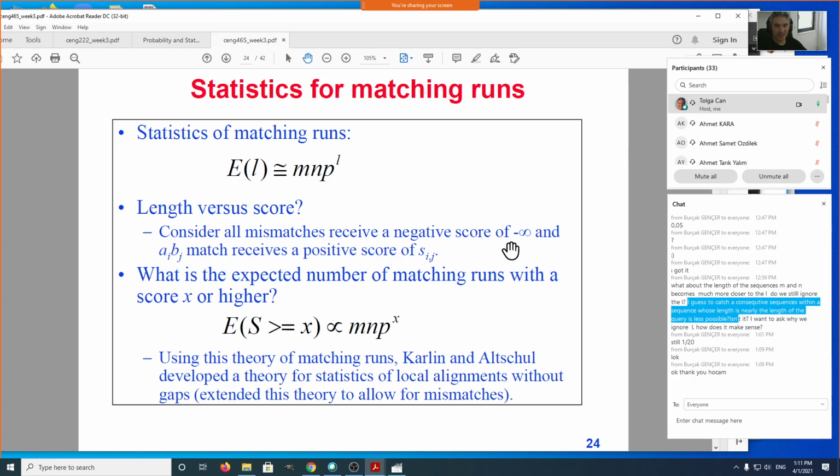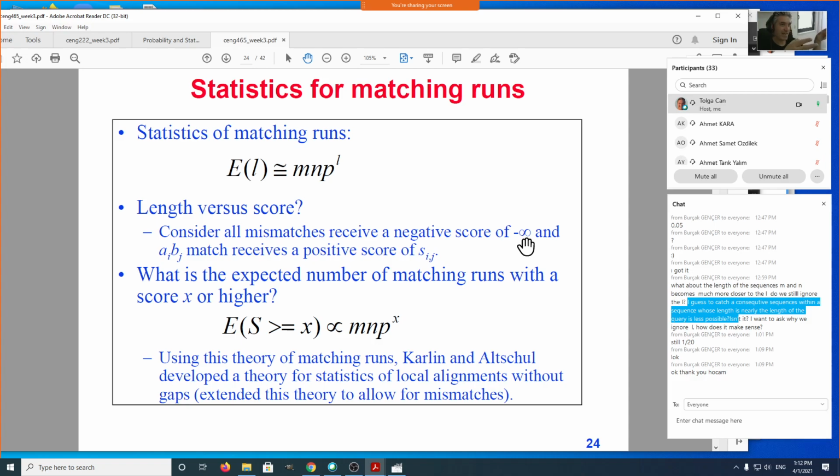If all mismatches receive a score of negative infinity, observing some positive score means that we are still looking at a matching run, in which our single match score is exactly 1. What if matching of certain amino acids is different from the matching of other amino acids? Or, before going into that, what if instead of a matching score of 1, I increase the matching score to +3?